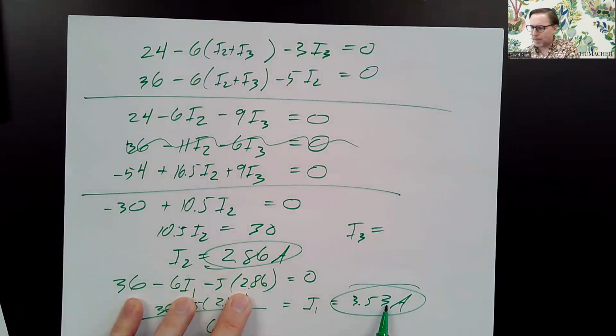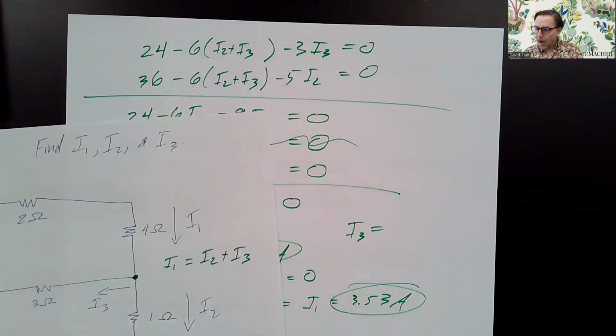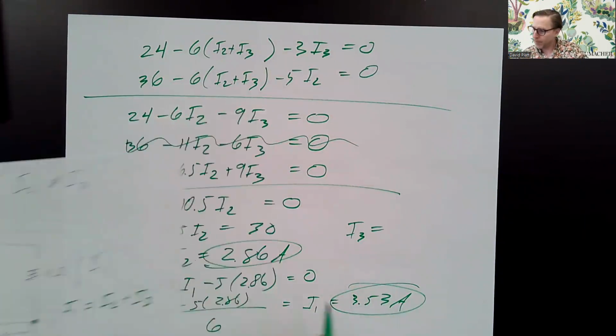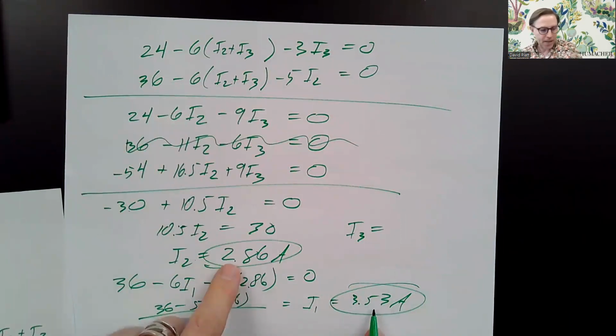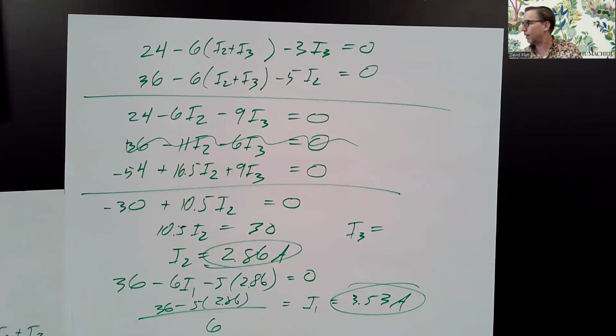Oh, wait a minute. Here's I1, here's I2. I1 is I2 plus I3. So I3 is I1 minus I2. I1, 3.53, minus 2.86, is 0.67.